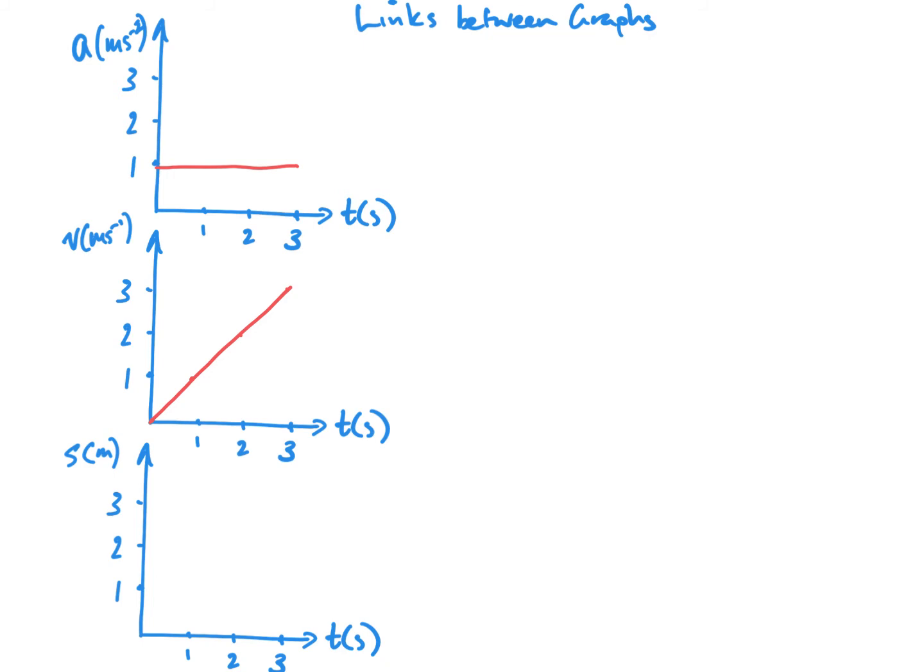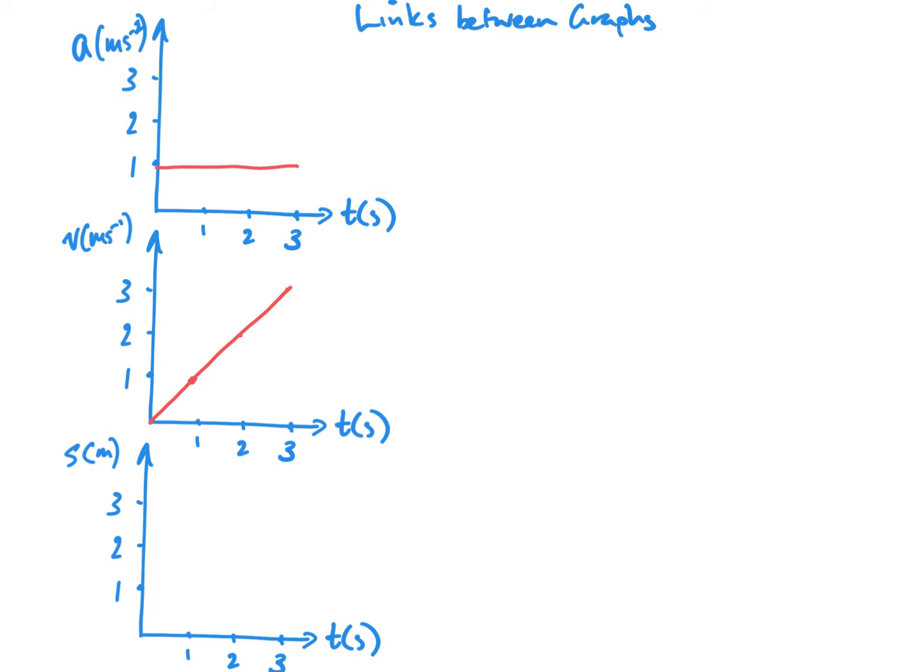And basically what we're seeing here is that the gradient of this line, the velocity time graph, is the value of the acceleration. So if I looked at the gradient at that point at 1 second, if I could draw in a wee tangent, I'll do it in a different colour, it has a gradient of 1.